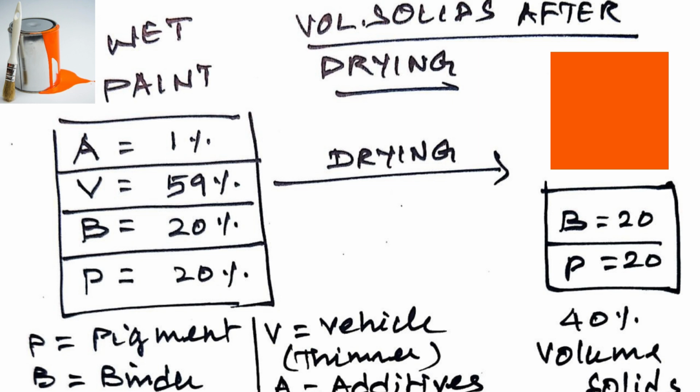Once the paint is dried, the vehicle part, which is the volatile thinner, or water in the case of aqueous paints, will go off, isn't it? The remaining will be only pigment and binder, and that is the volume solids of the paint. In this case, we have illustrated it as 40% volume solids.